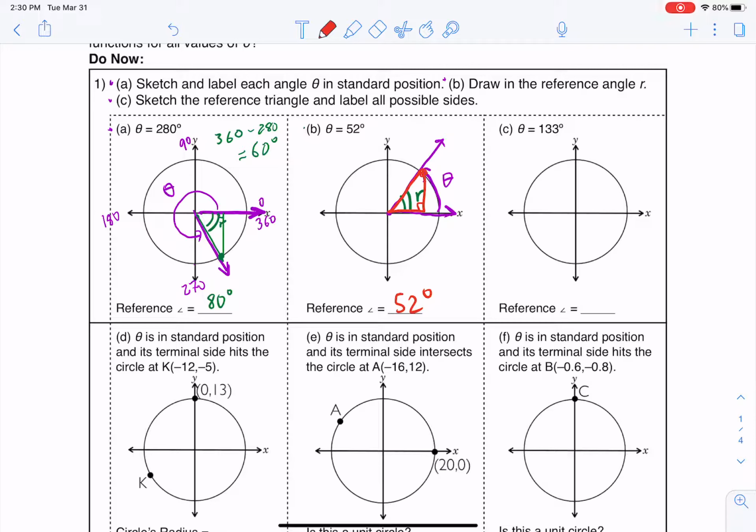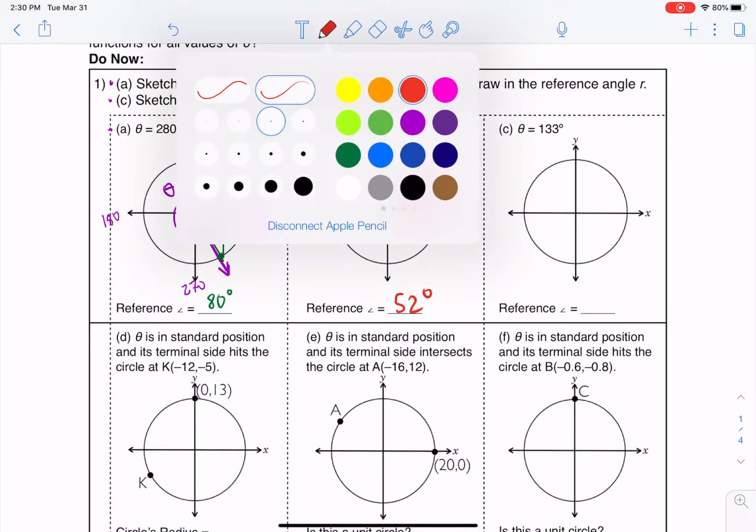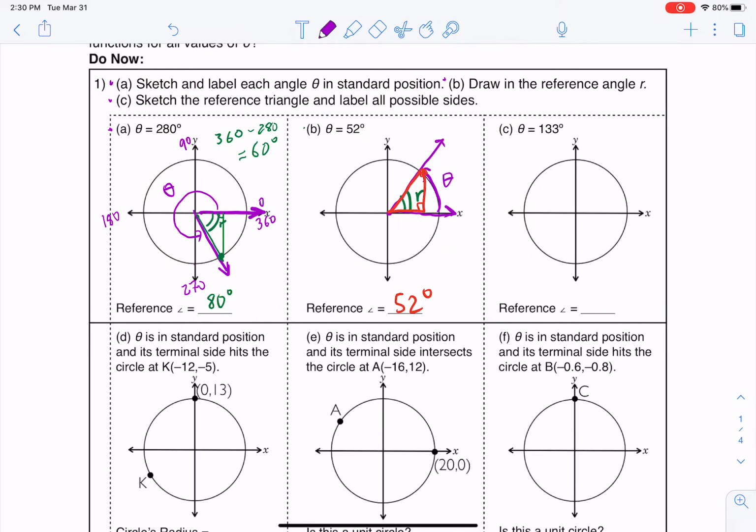So my reference angle here and theta are the same, so 52 degrees. All right, C. Theta is 133. That's somewhere between 90 and 180. It's about halfway between. Here's the initial side of my angle, the terminal side. Theta extends from the initial side to the terminal side.